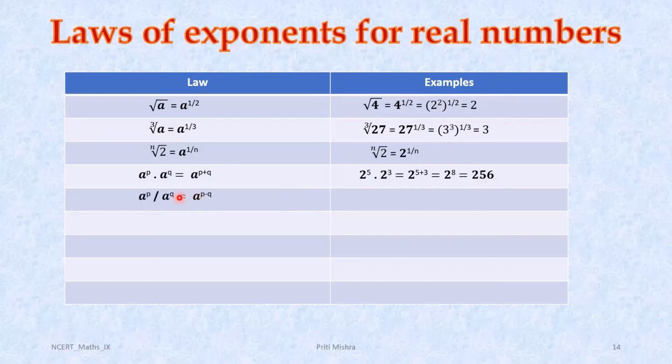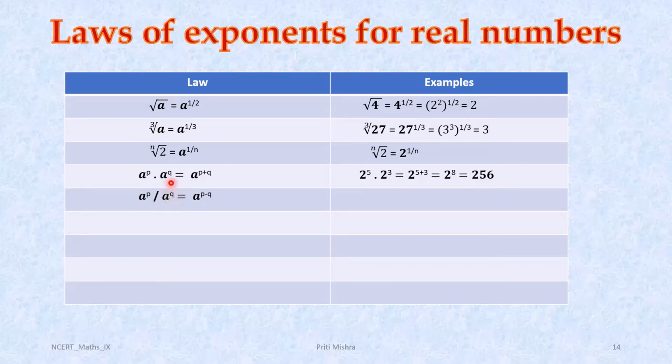Another law is a to the power p divided by a to the power q, which will be a to the power p minus q. When we are dividing two numbers of the same base, the powers will get subtracted. When we have a to the power q in the denominator, we can shift it to the numerator with a negative power, as q is positive here.